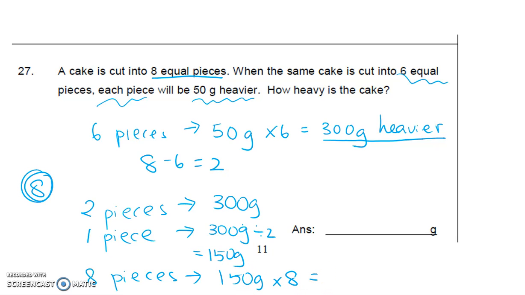Okay, let's work this out. 150 times 8: 0 times 8 is 0, 5 times 8 is 40, so write 0 carry 4, 1 times 8 is 8 plus 4 is 12. So it should be 1200 grams. The whole cake should be 1200 grams. Okay, let's move on.